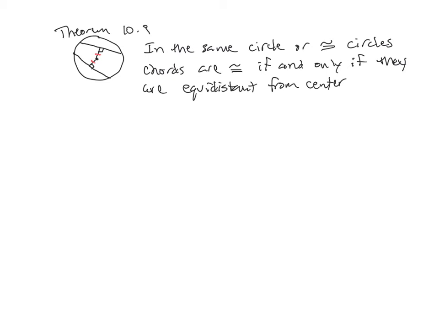It's always the shortest part, which is always going to be a 90-degree angle. So if you know these two are congruent, then you know those big chords are congruent. And if the chords are congruent, then they are equidistant from the center. You get to go in both directions. You can tie those two theorems together.